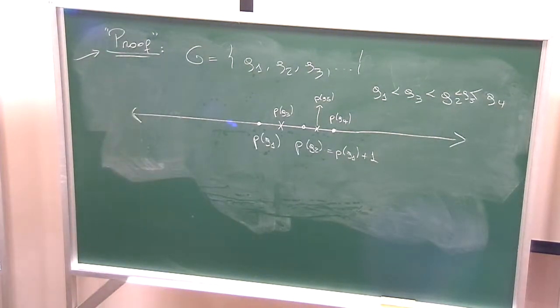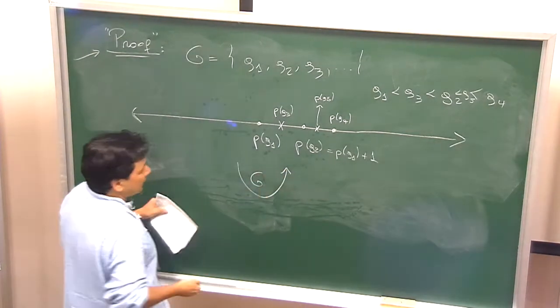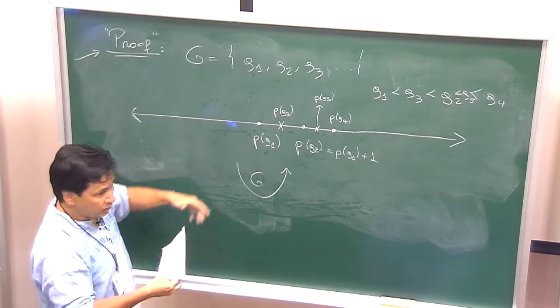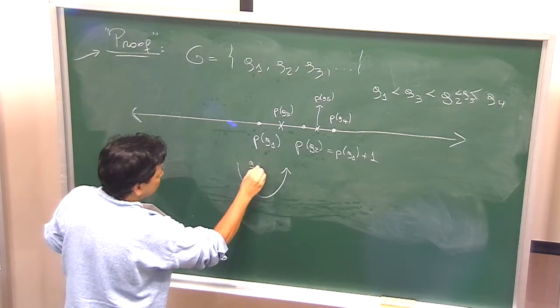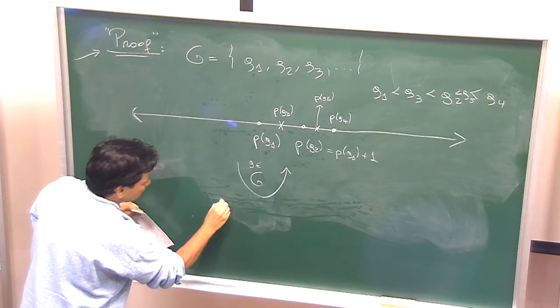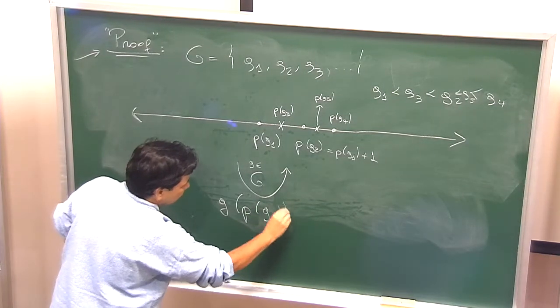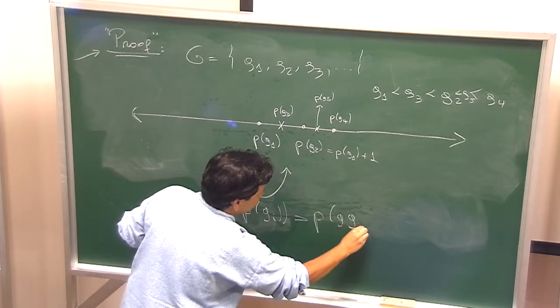Okay? And now the group G has a natural action, not on the real line, but on this set of points. So if you have an element g in the group G, then it will move P of Gi into P of g Gi.